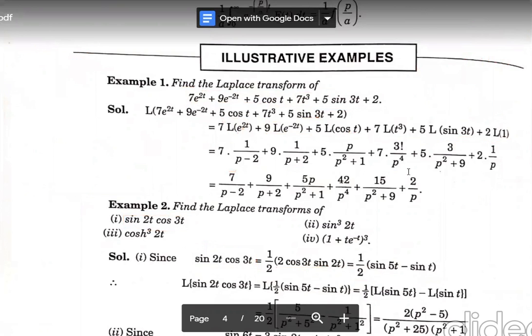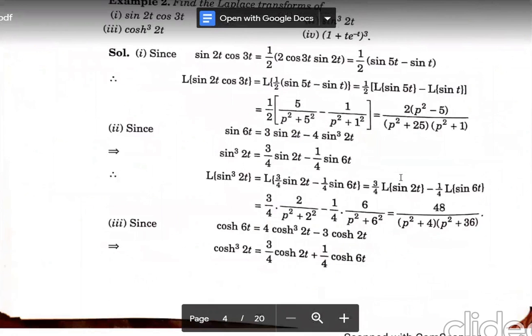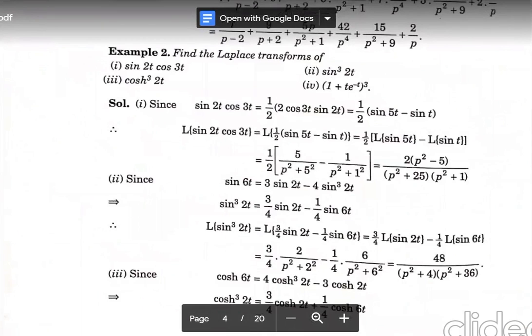Simplify, you will get the desired result. Just simple simplification, and this is the Laplace transform of sine of twice t into cos of thrice t.